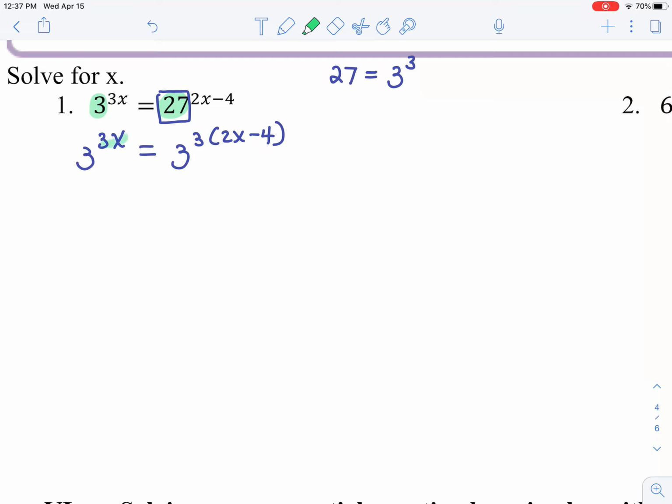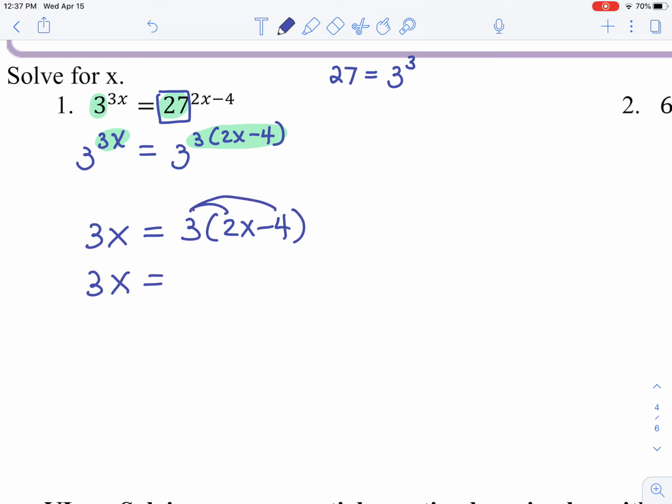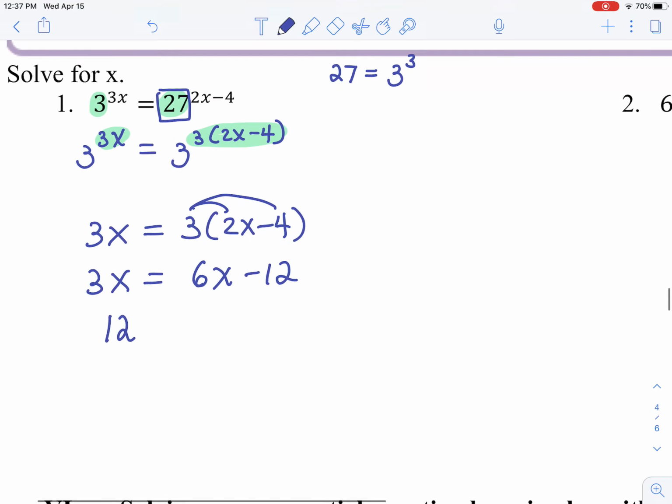But 3 and 27, I could write the 27 as 3 to the 3rd power. So that really worked. Now, if you take a look, I can set 3x equals 3 times 2x minus 4. So let me do that. 3x equals 3 times 2x minus 4. So this does happen on some of these, not very frequently, but if you notice that you can rewrite these bases, then that's another good method of solving it.